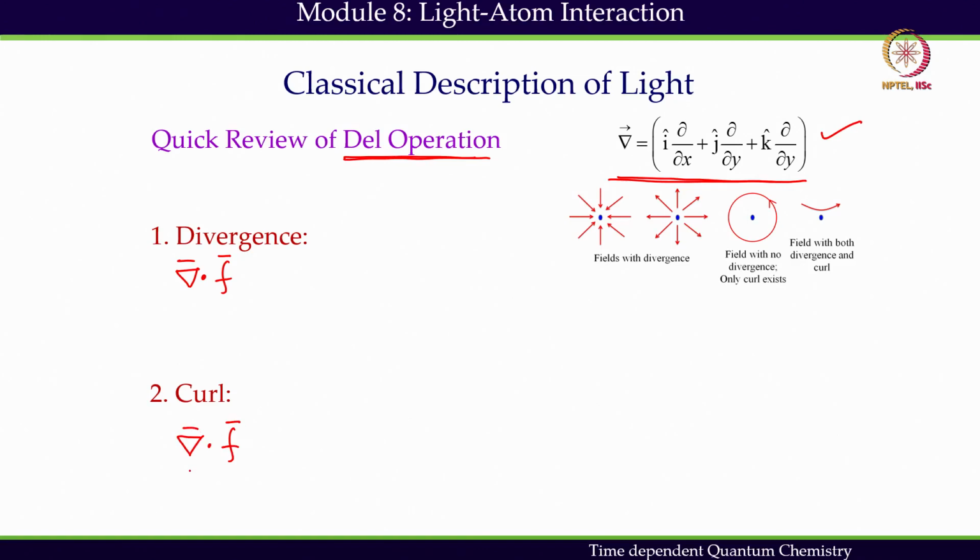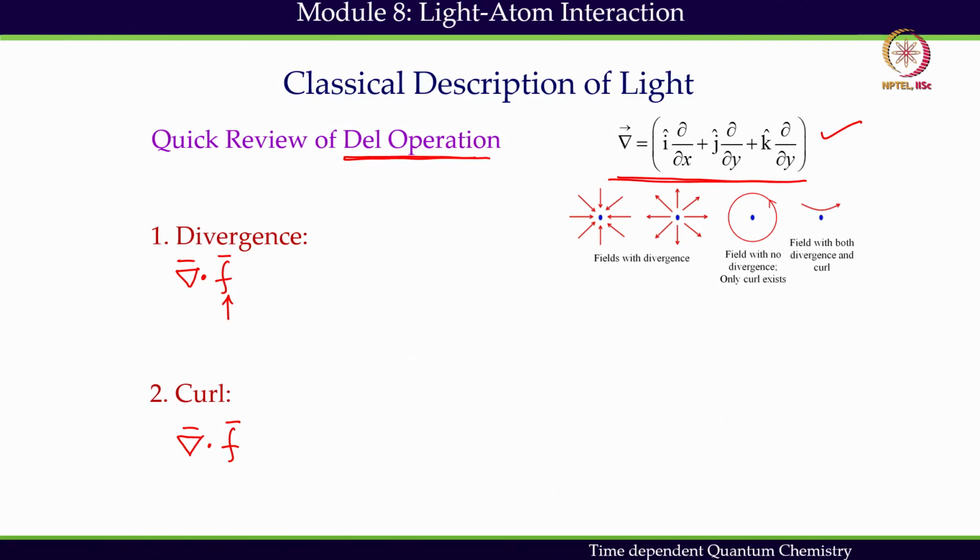If we take the dot product of this F field, which is a force, it will give me some idea about the nature of the field, the nature of the force, what kind of force I have. And the physical meaning of these two products is the following.